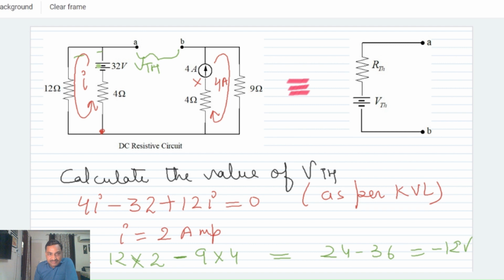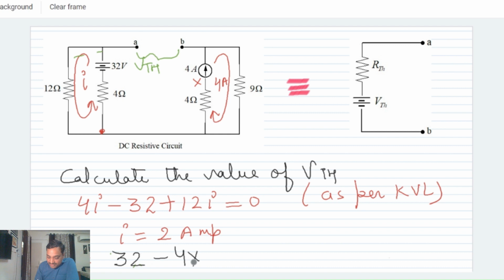Alternatively, we can find the value of VTH by using a second path. Suppose I am now using this path for finding VTH. What we will have is, first a 32 volt battery, then a 4 ohm resistor, but now the current flowing through this 4 ohm resistor is in the opposite direction to us.